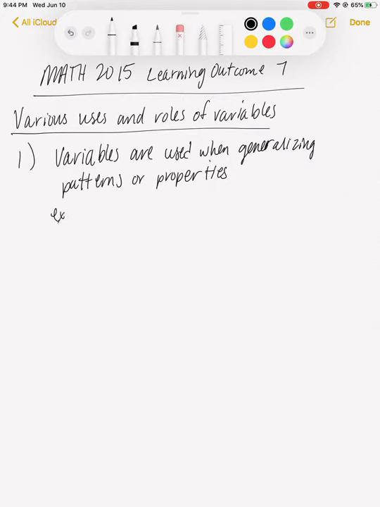For example, the distributive property says that if I have some number multiplying a sum, that is equal to the number multiplied by the first number, added on to the number on the outside multiplied by the second number.